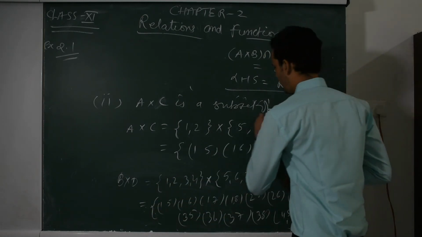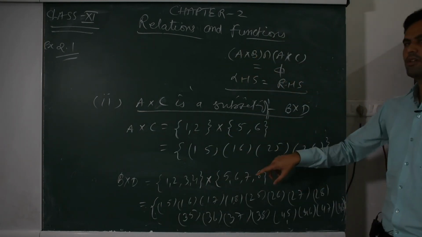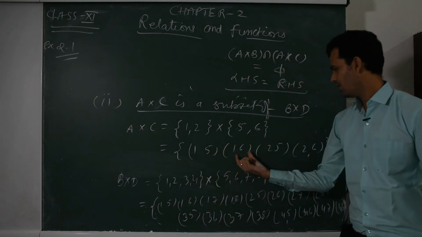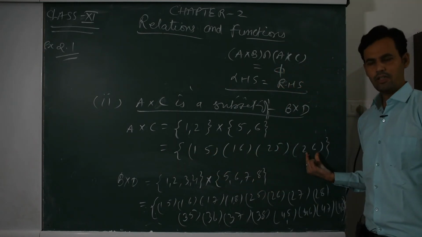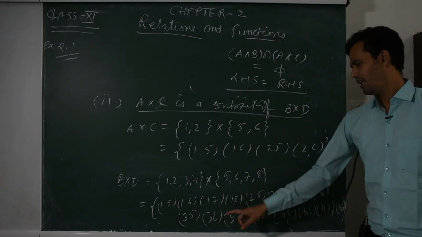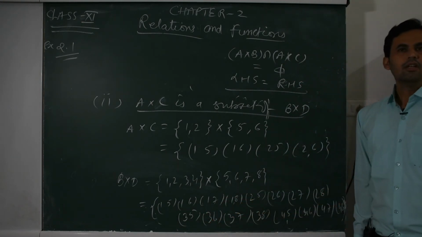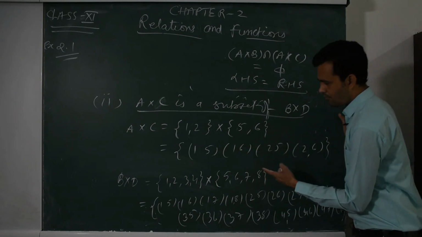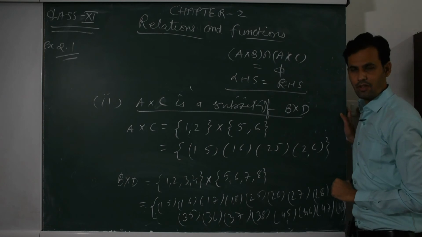Now what we have to find? A cross C is a subset of B cross D. So A cross C has these 4 ordered pairs and B cross D has 16 ordered pairs. Is AC a subset of BD?